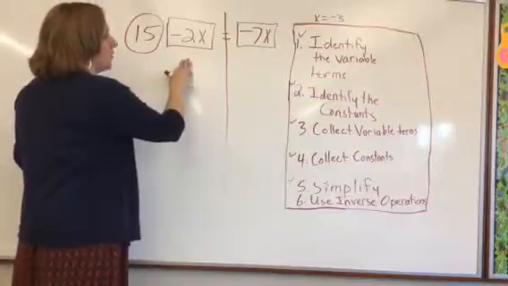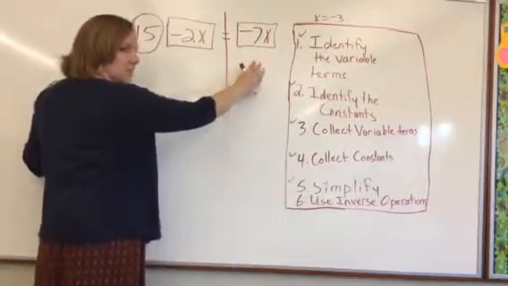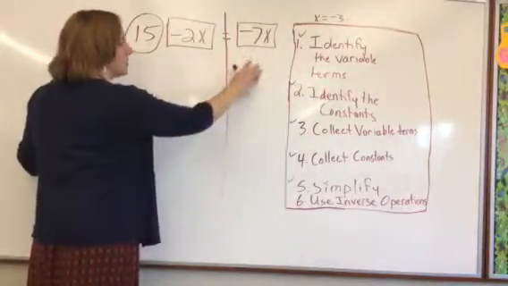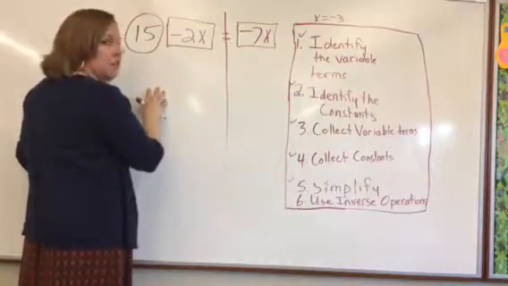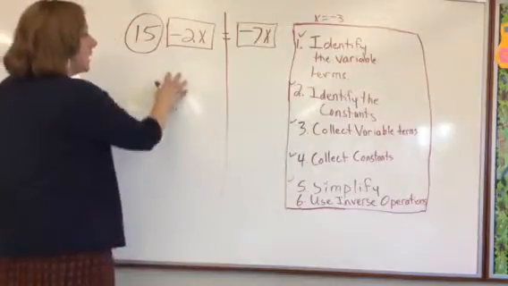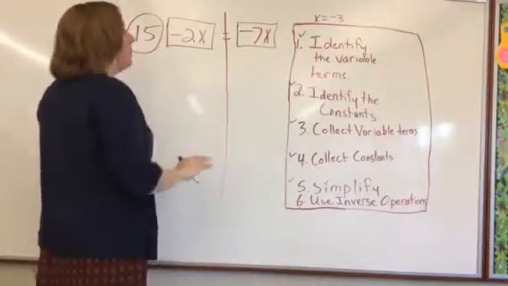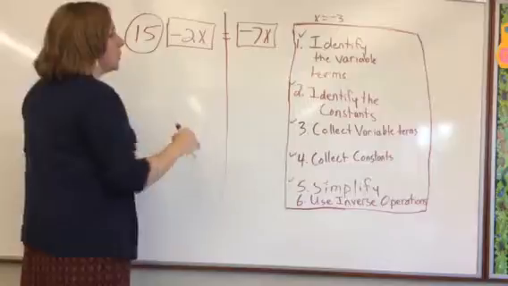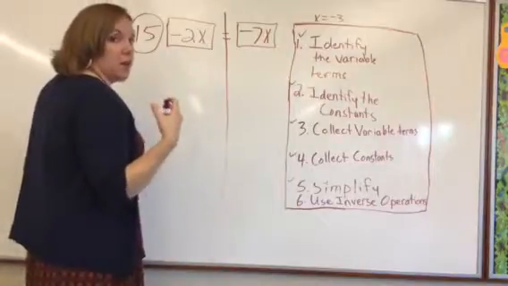I can also collect all the variable terms on the right and the constants on the left. You can flip it around and it will work out to be the same thing. For me, I would choose it this way because this is an easier way to work with it. For me, it eliminates a couple of steps.